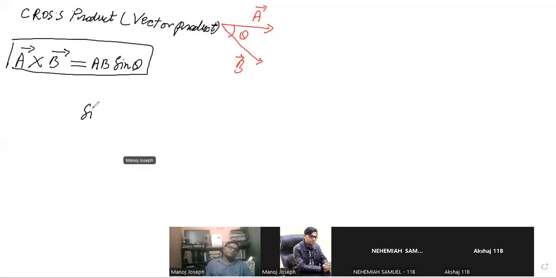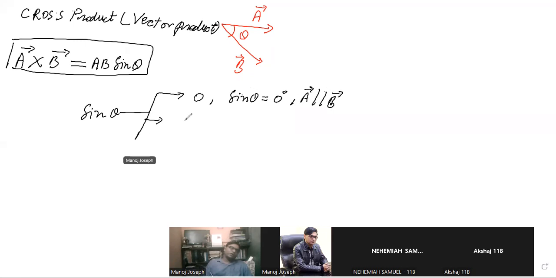As we know, sine theta has 3 values. First is 0: sine 0 is 0 when the angle is 0 degrees, when the vectors are parallel.